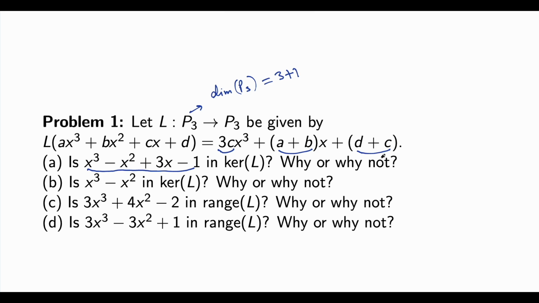So L is a linear transformation. So you can verify L is linear. What you have to do? L of u plus v is equal to L of u plus L of v, and L of alpha u is equal to alpha L of u, right? So this property of linearity you have to check.